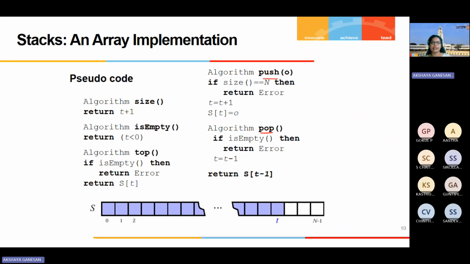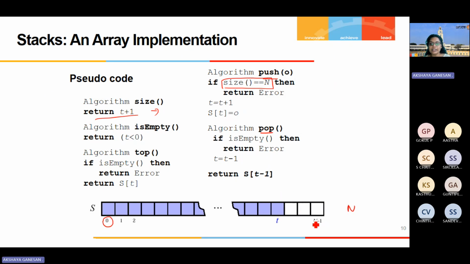So first let's look at push. If size() is equal to n, then return error, where size() will return t plus 1. Why t plus 1? The maximum array size is only n, so we can store only n elements.